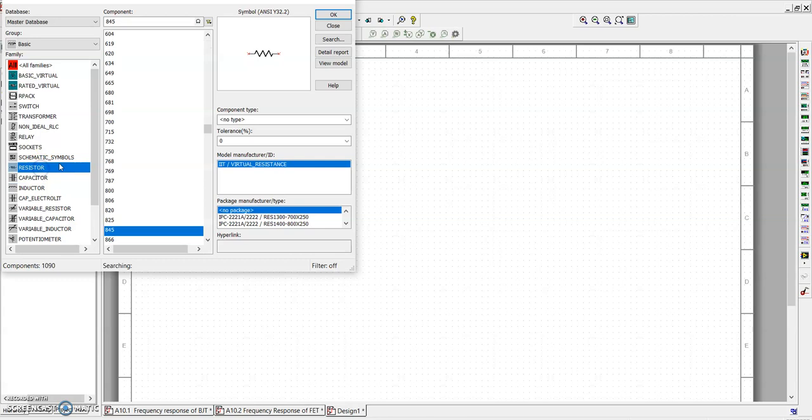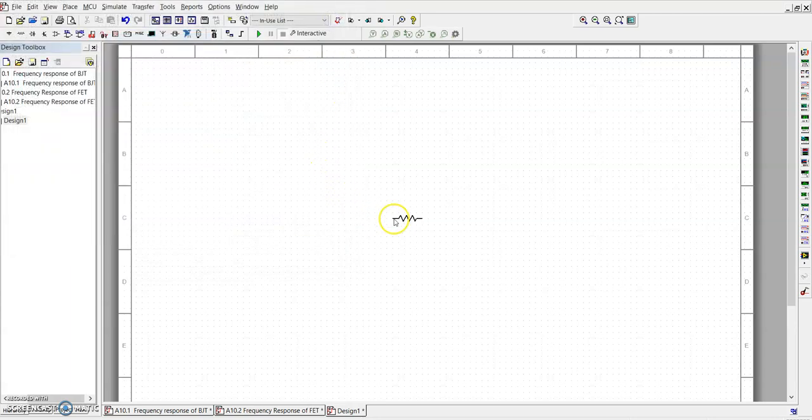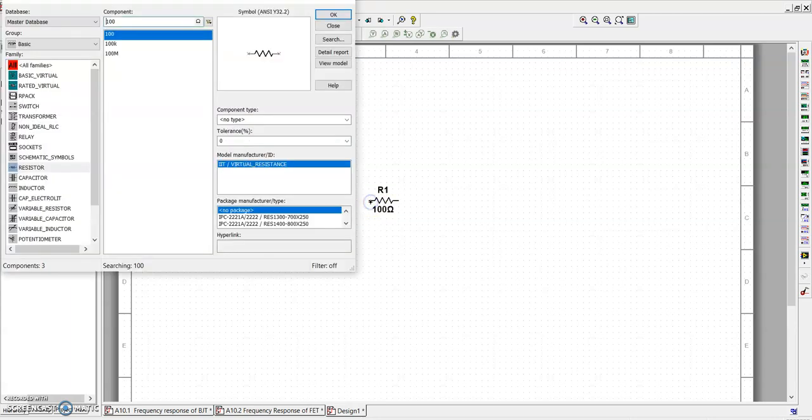If you want a specific value of resistor, you can select from the given values, or you can give your own resistor value. For example, I am giving 100. You can place the resistors wherever you want according to your circuit diagram.